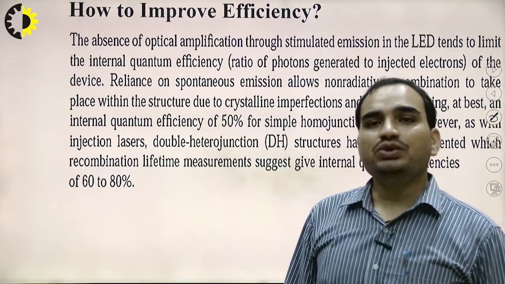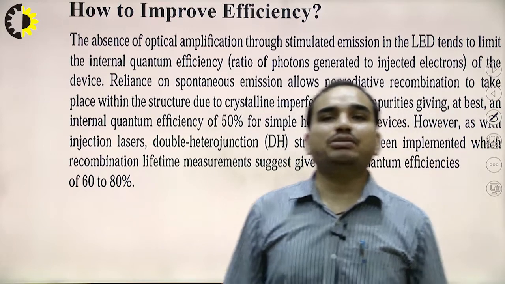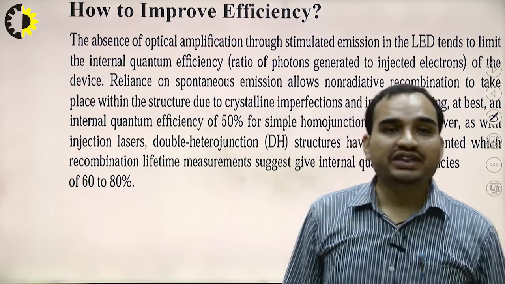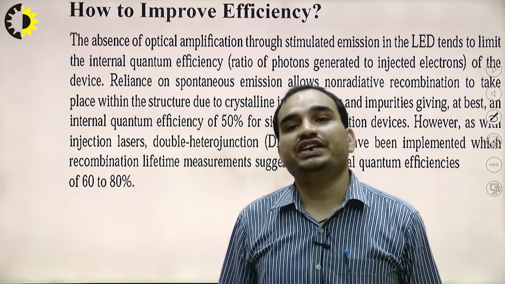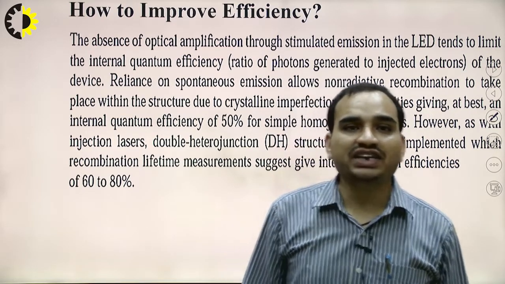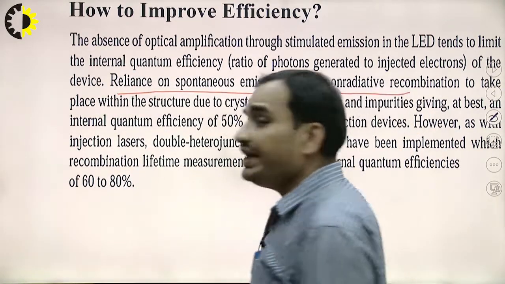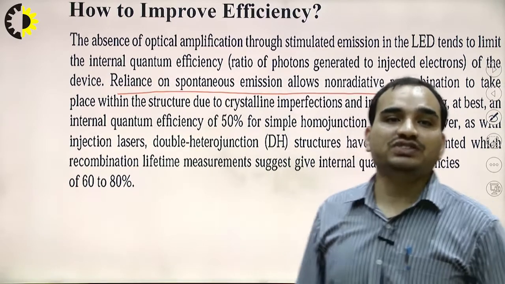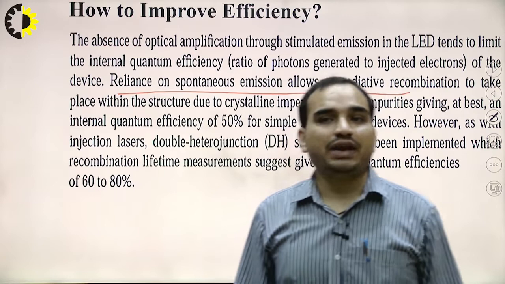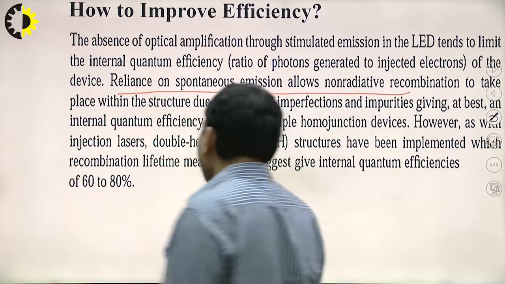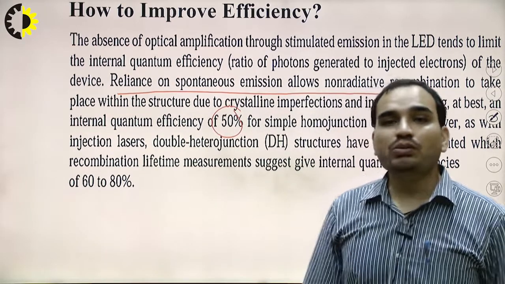So how can we improve the efficiency? The absence of optical amplification through stimulated emission in the LED tends to limit the internal quantum efficiency, that is the ratio of photons generated to electrons injected into the device. The reliance on spontaneous emission allows non-radiative recombination to take place within the structure due to crystalline imperfections and impurities, giving at best an internal quantum efficiency of 50% for the simple homojunction device.